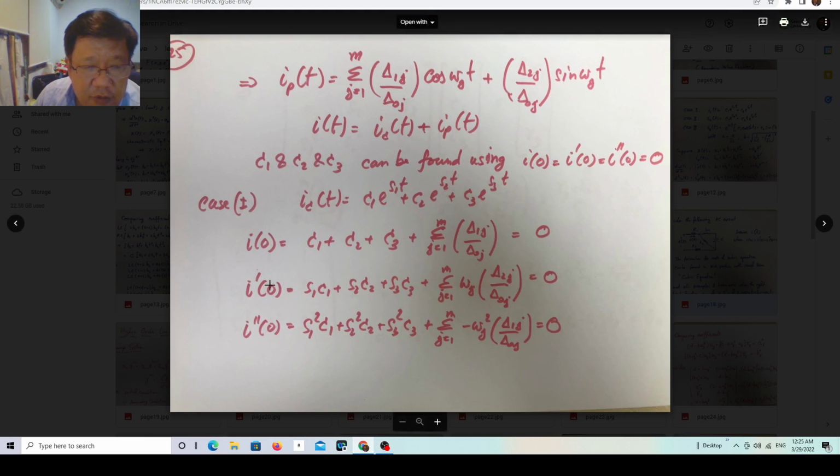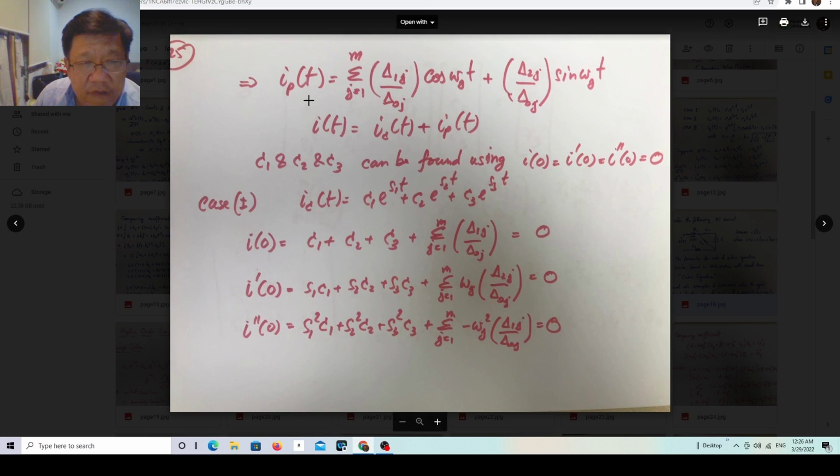Then once you substitute t equal to 0, you get s sub 1, the distinct root in this case, times c1 plus s sub 2 times c2 plus s sub 3 times c3.